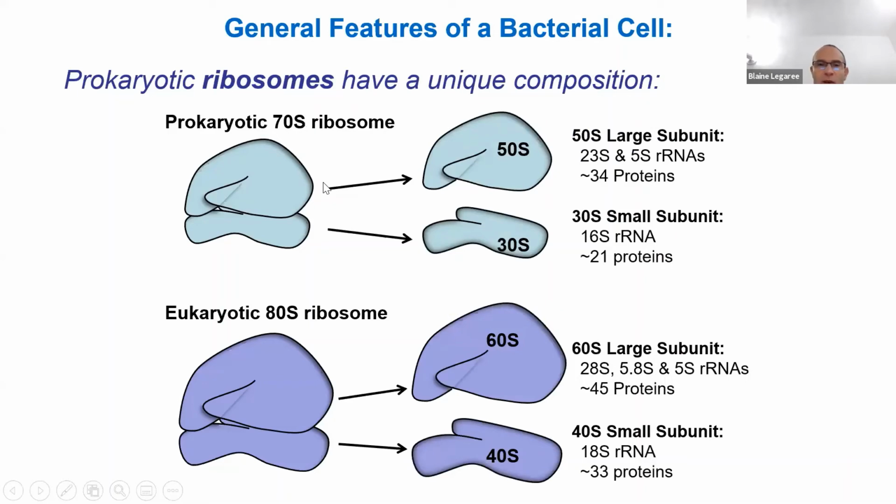If you take a look at a ribosome, it can be broken down into two subunits. You've got a large subunit and a small subunit, and the composition in the prokaryotes and the eukaryotes is actually different. And so this is actually relevant because ribosomes are actually a target of some antibiotics such as tetracycline.